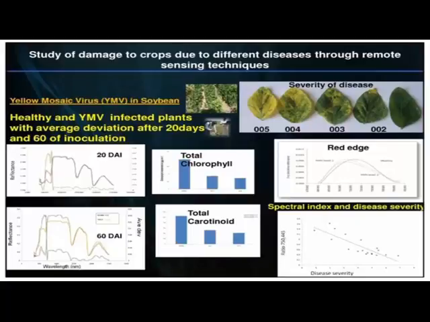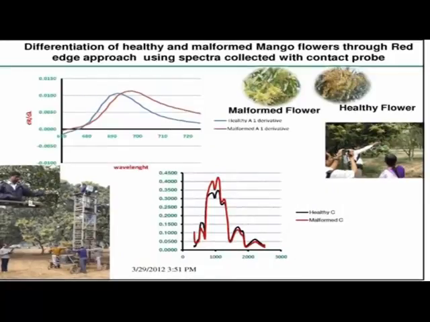Then again there is mango malformation. There is a wilt disease, which is a fungal disease, which causes the mango malformation, and which greatly affects mango production, largely in India, and is mainly affected by relative humidity and also temperature.